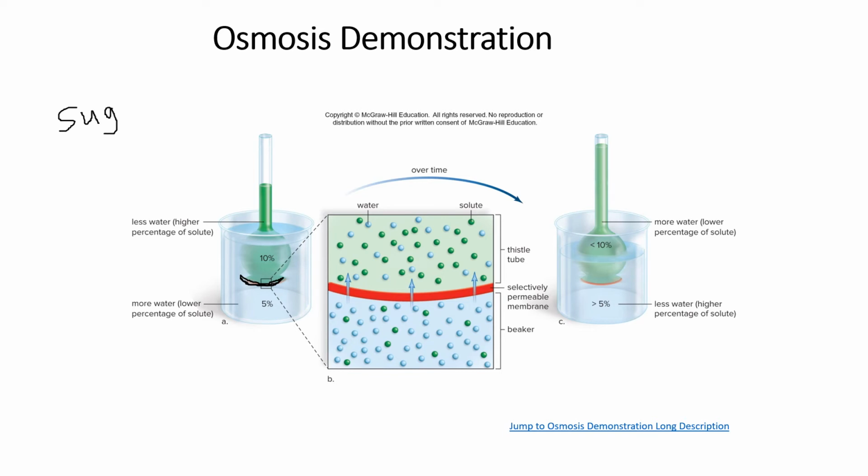And we typically use table sugar. And what kind of saccharide is table sugar? It is a disaccharide, which is somewhat large. It's larger than a monosaccharide.